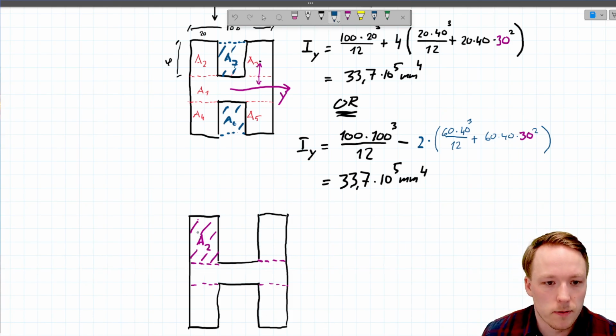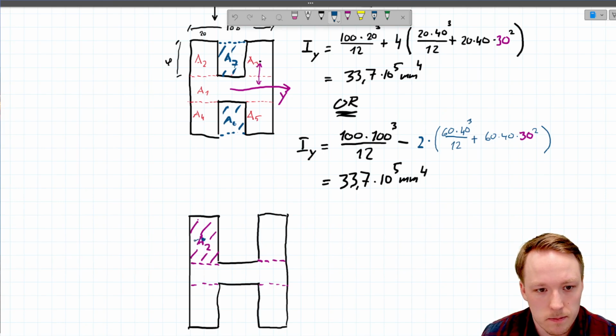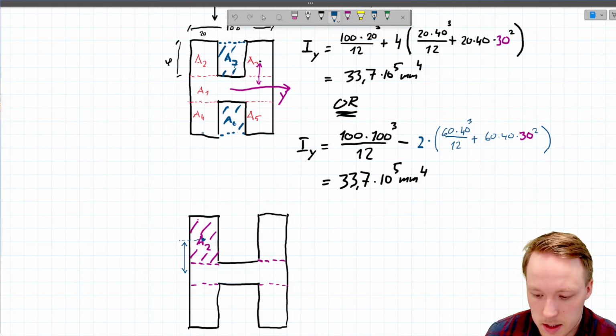The location of center point of area 2 is here. The distance from there to the neutral axis of the profile is like that. The distance is now -10.